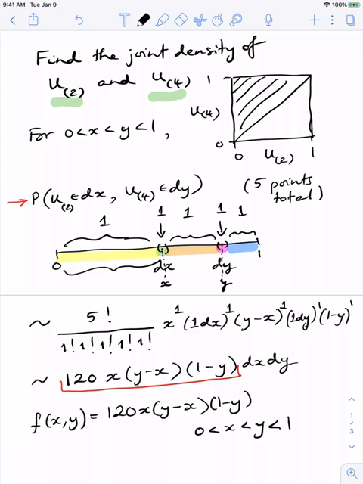You can also find the joint density of 3 of them if you want a density whose possible values are in the 3-dimensional space. This is a very typical way of finding joint densities of random variables which have some physical construction like ours did, where you are throwing down points and then you're looking at them in sorted order. If you can use a method like this to find the chance that your points are in some tiny region, from that you can extract the joint density.